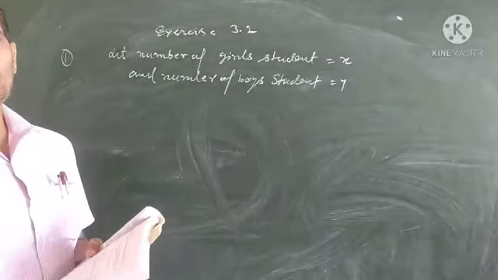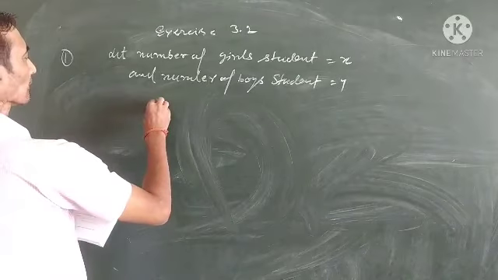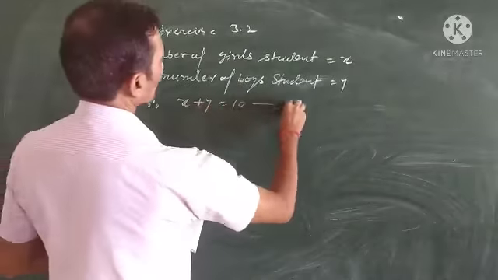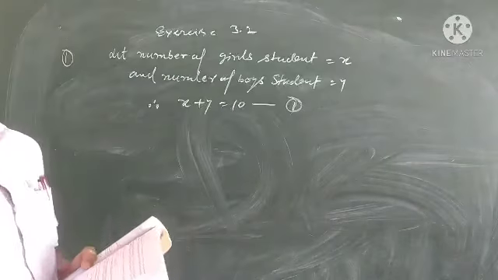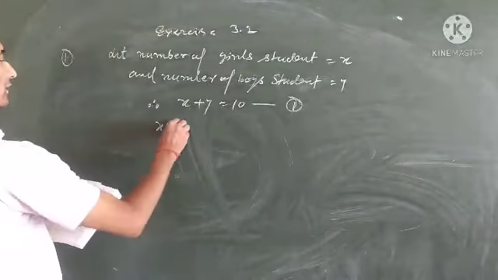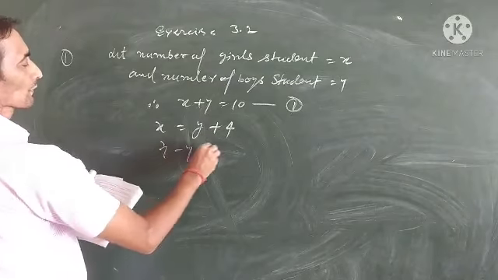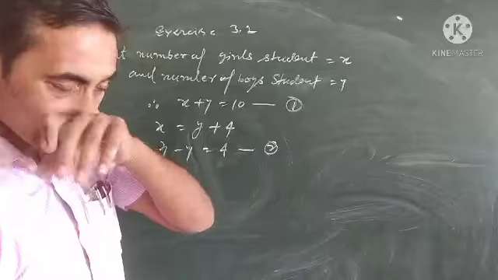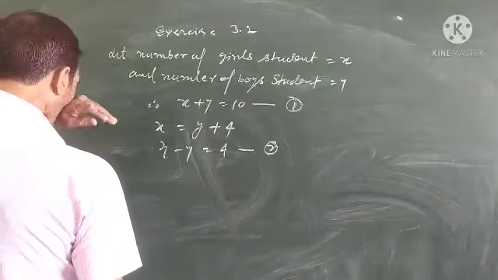Since the total number of students is 10 according to the question, we can write x + y = 10, the first equation. Second, the number of girl students is 4 more than y. That means x = y + 4, or x - y = 4, the second equation.